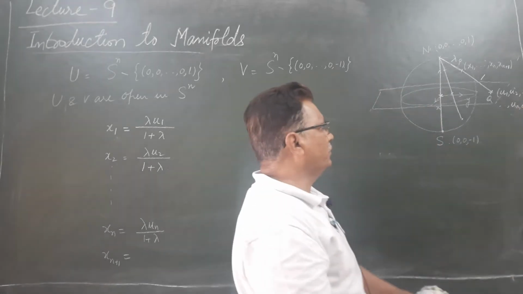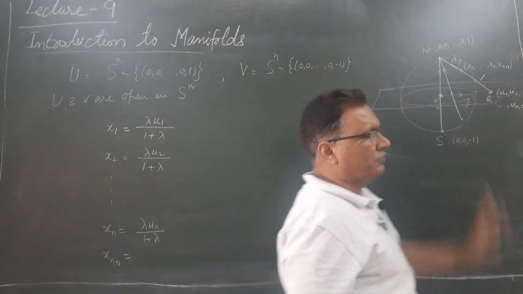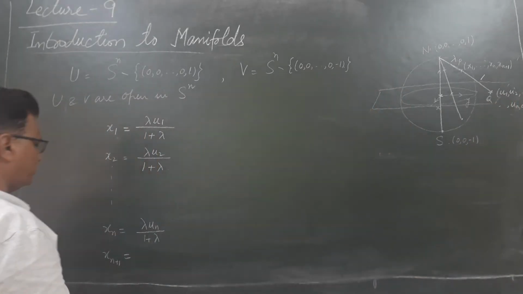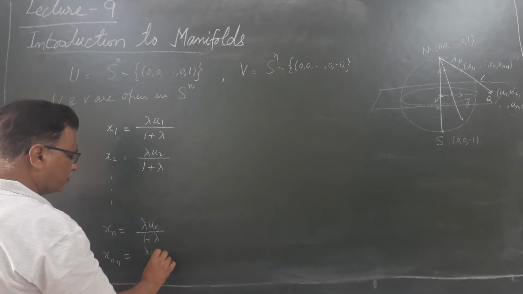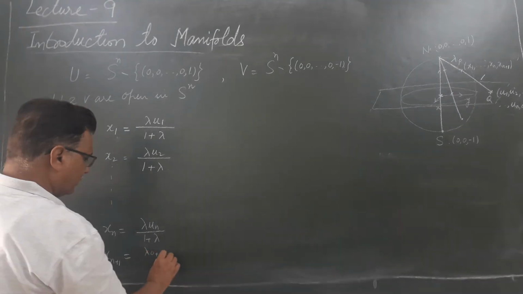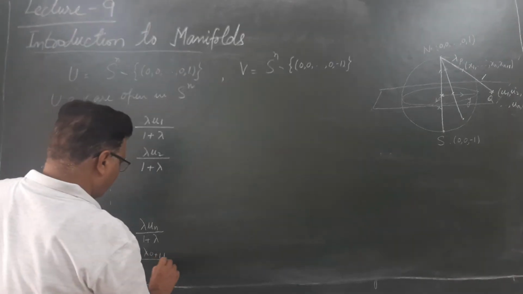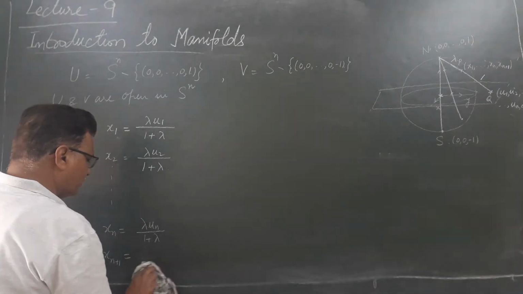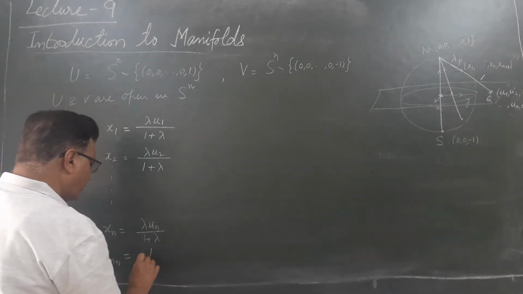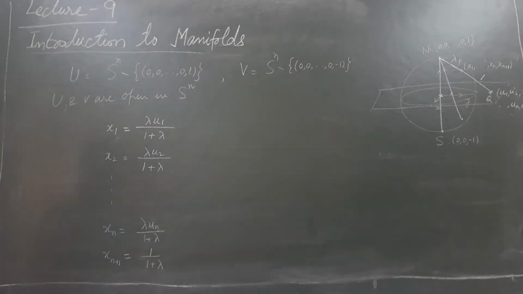I can assume these u1, u2, un are 0. So lambda times 0 plus 1 times 1 upon 1 plus lambda. So that becomes 1 upon 1 plus lambda.